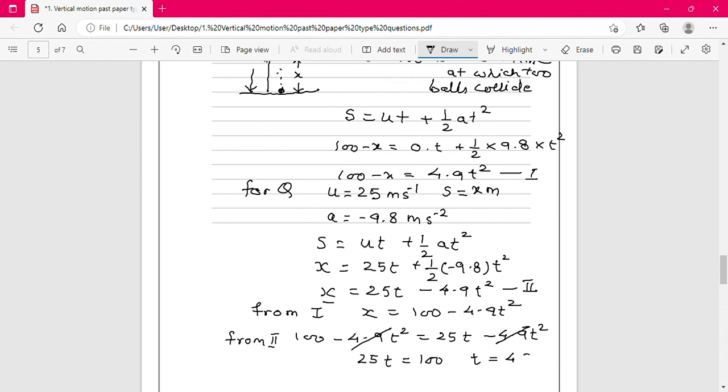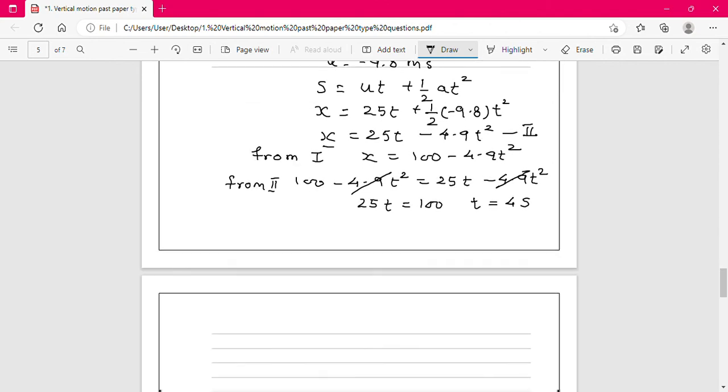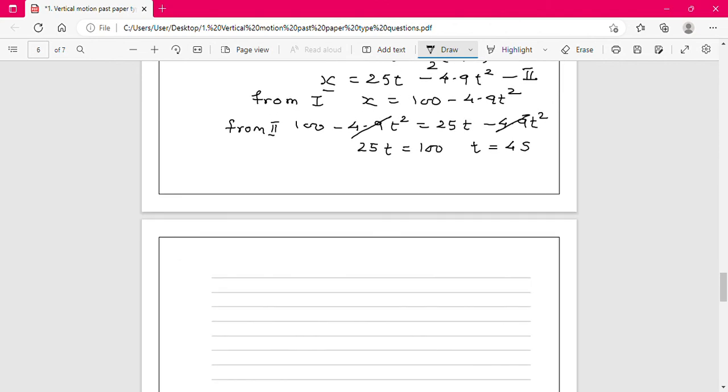That means from the beginning of the journey of the two balls, after 4 seconds, they will collide with each other. But we want the distance from the ground. So substitute it in the equation of x. X is what? 25t minus 4.9 t square. So that is 25 into 4 minus 4.9 into 4 square.